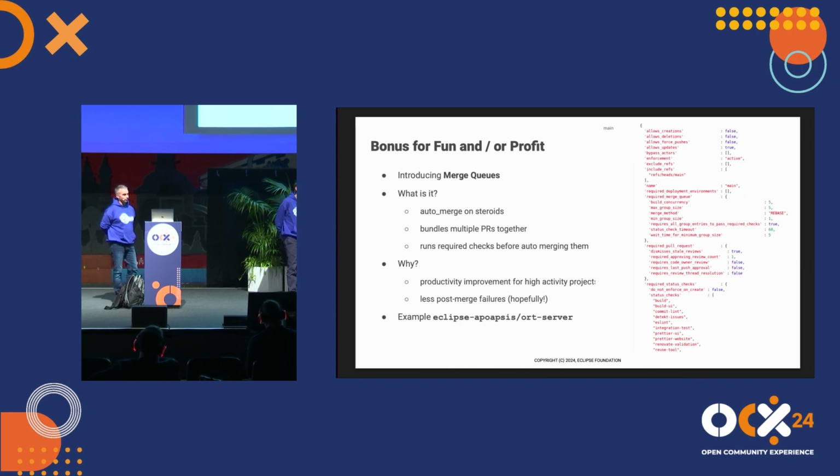The idea behind it is that if you have very high activity projects with lots of PRs happening all the time, it can happen that if these PRs are separated from each other and then merged into the main branch, post-merges can lead to build failures or test failures because the changes are not really tested together.